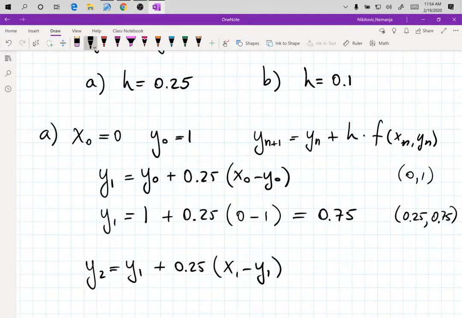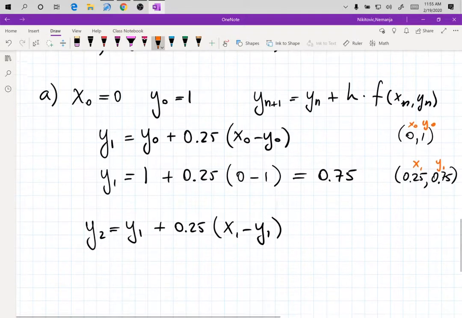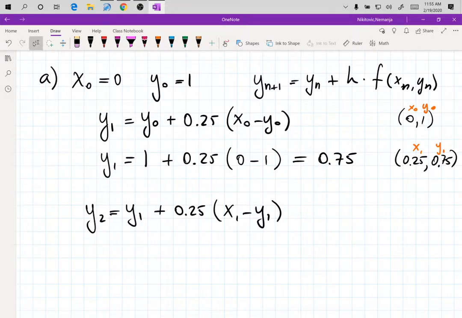Java-speaking people, i++, right? You increase the counter by 1. So you are going to now pick up the values of x1, y1. Well, they're right here, right? This is your x0, y0. This is your x1, y1. So now you just plug these two numbers in there and compute y2. It's very simple, right? It's just busy. That's why we make the computer do this in a loop and not sit here for 15 hours computing by hand.